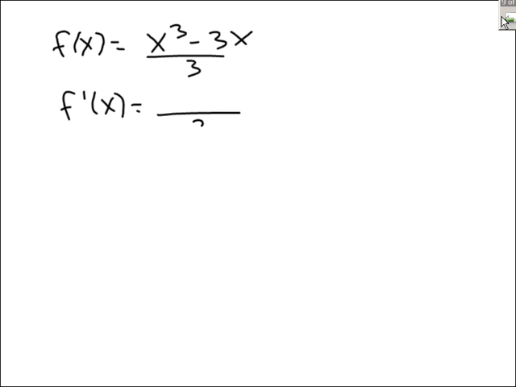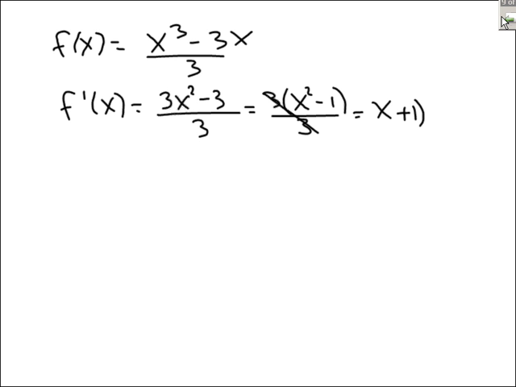The 3 in the bottom is a factor, so it just stays. The derivative of the top is 3x squared minus 3. I can factor out a 3 from the top, divide by 3, so I just get x squared minus 1. But that can factor.